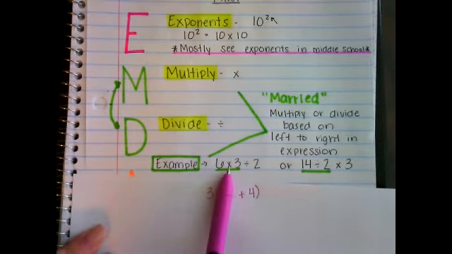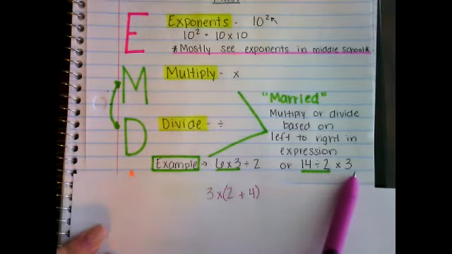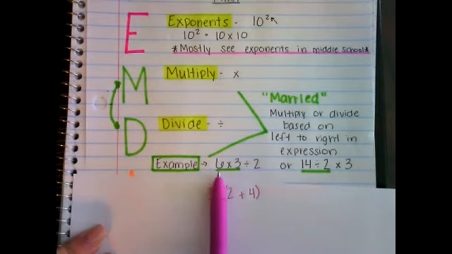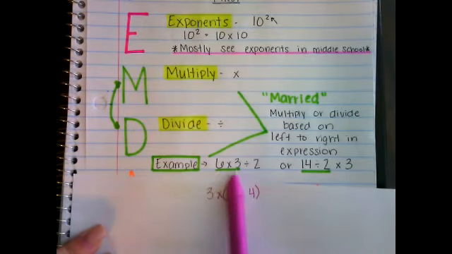So I'm going to divide that before I multiply it. Whenever you see multiplication and division in the same expression, you're going to solve whatever comes first from left to right, just like we read. So multiplication and division are married. That's the first operation you're going to do after your parentheses.